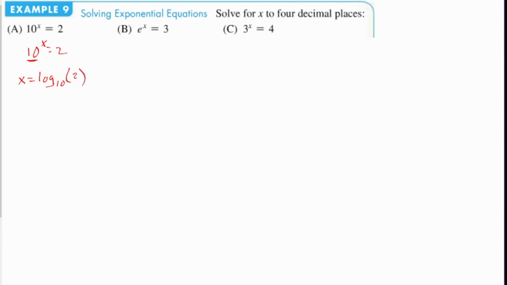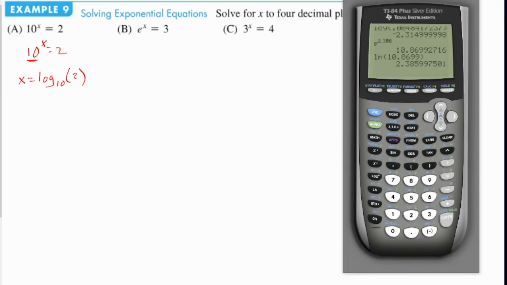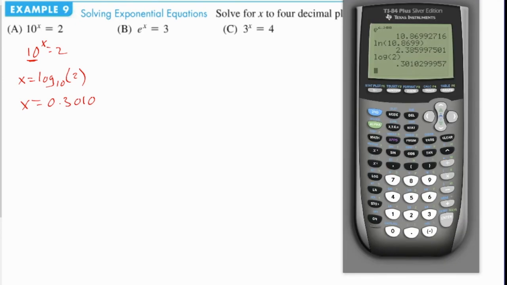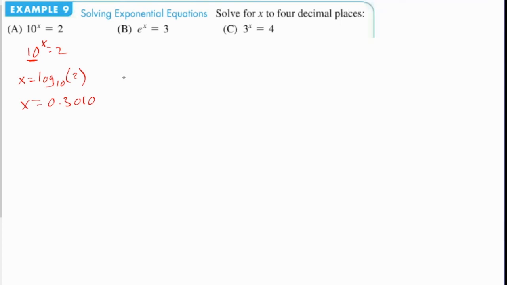And if I plug this into my calculator, we get 0.3010. So if we raise 10 to this power, will it give us 2 or something very close to 2? And we see we get 1.99986, so we're satisfied with that answer.